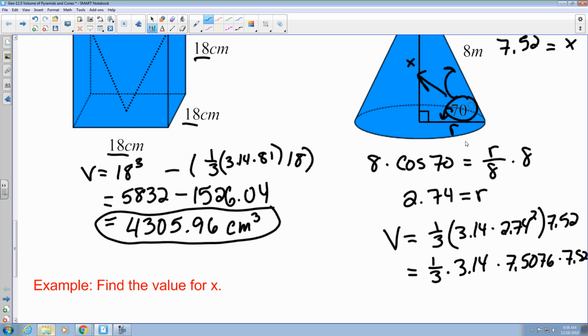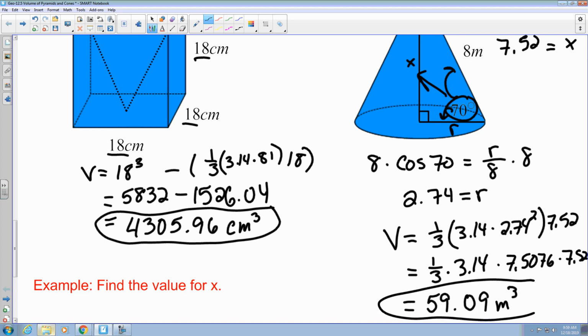So multiply all that out. 7.5076 times 3.14 times 1/3 times 7.52. We get a value that is about 59.09, and it's cubic meters.